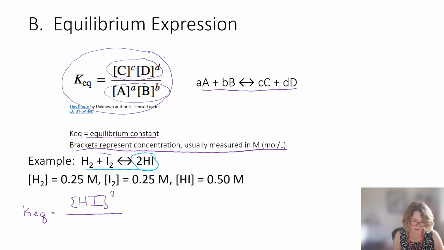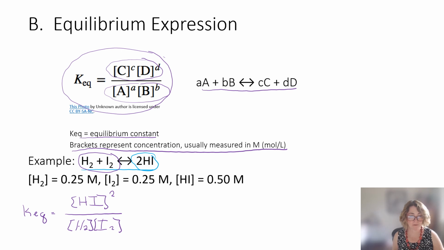And then I have H2 and I2 as my two reactants, and they both have a coefficient of 1. So I will have H2 times I2. Okay, so that is my equilibrium expression.